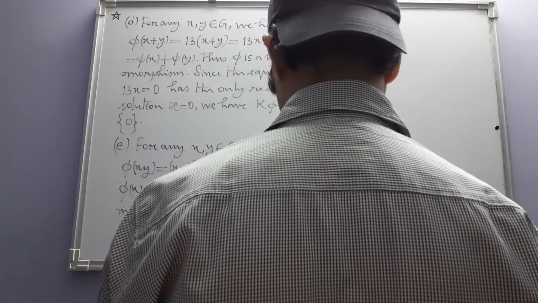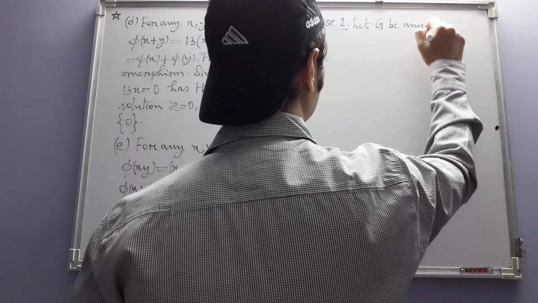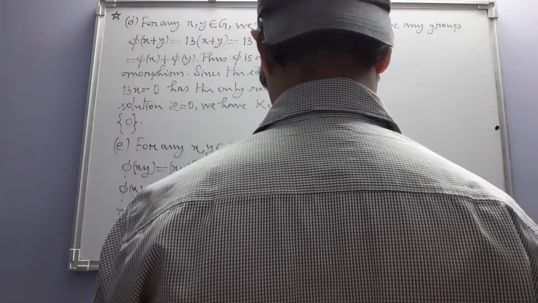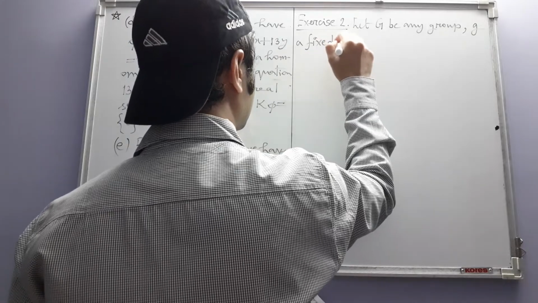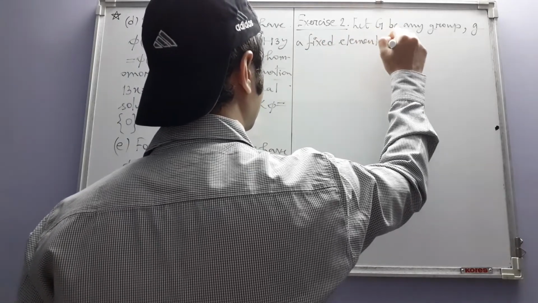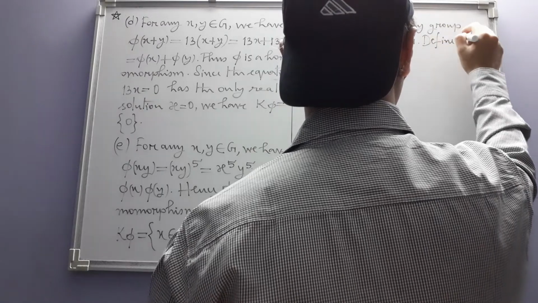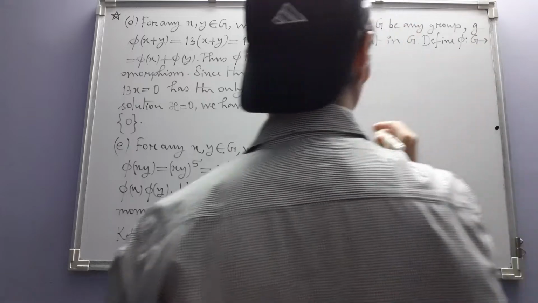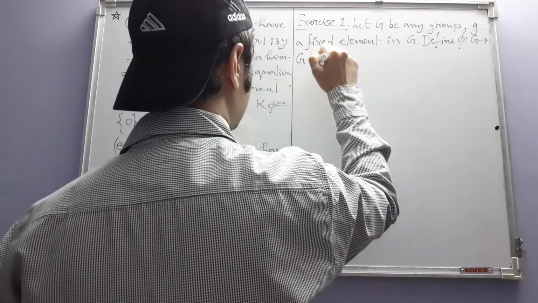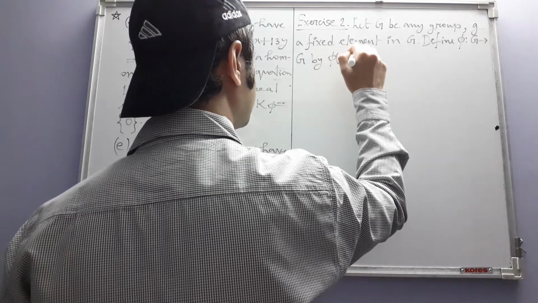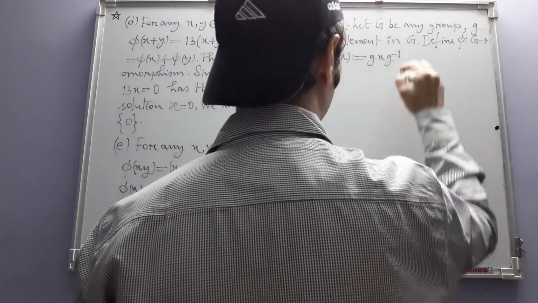Exercise 2. Let G be any group, small g a fixed element in G. Define a mapping phi from G into itself by phi x equal to g x g inverse.